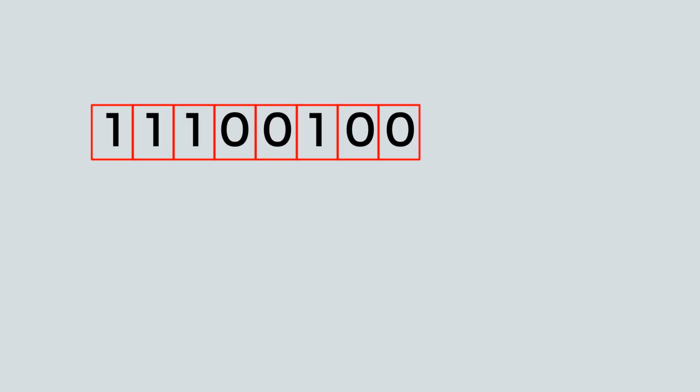For example, suppose we are given 1, 1, 1, 0, 0, 1, 0, 0. Since the leftmost bit is 1, this represents a negative number. Flip all the bits. 1, 1, 1, 0, 0, 1, 0, 0 becomes 0, 0, 0, 1, 1, 0, 1, 1.